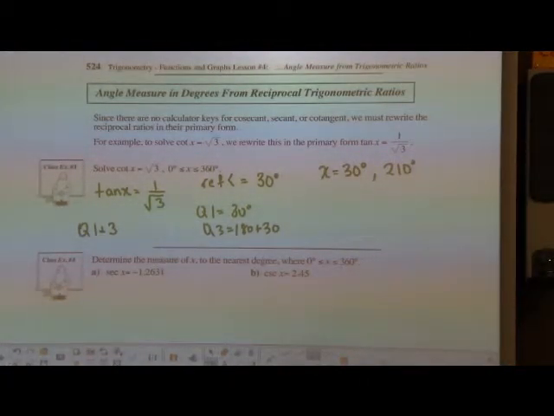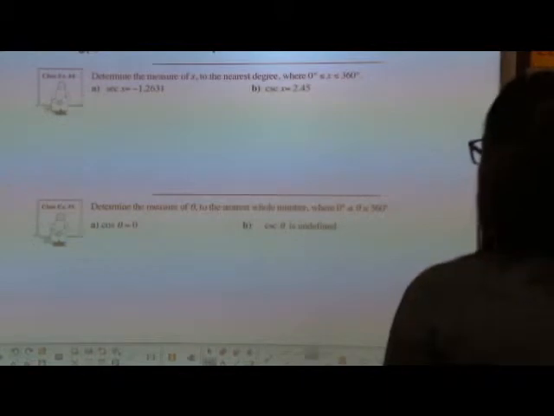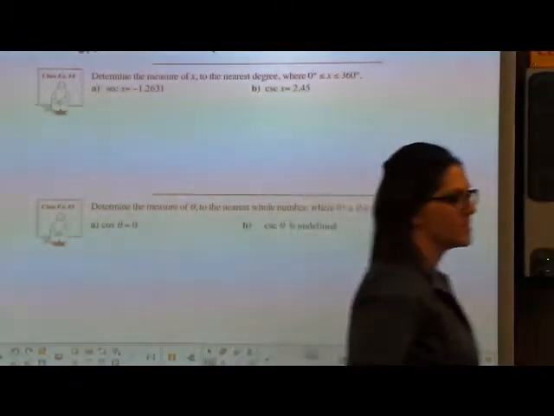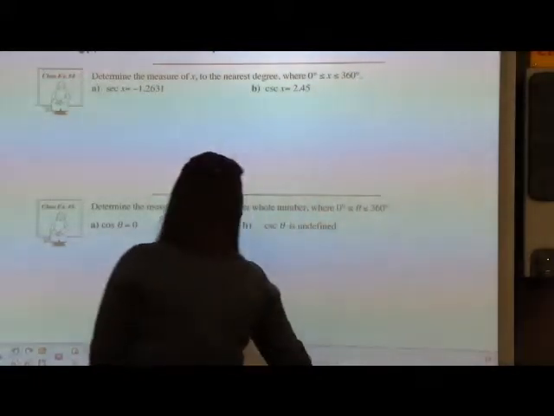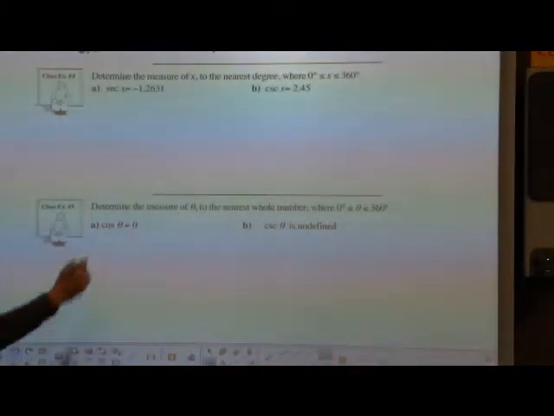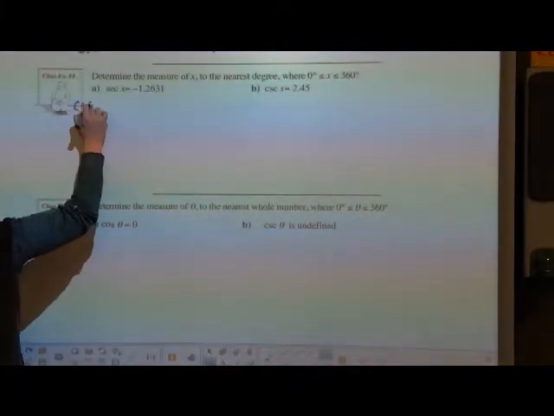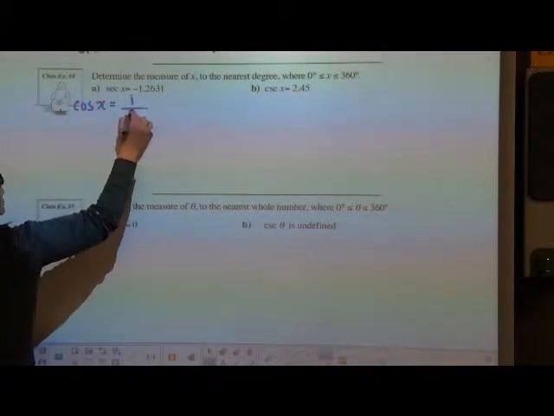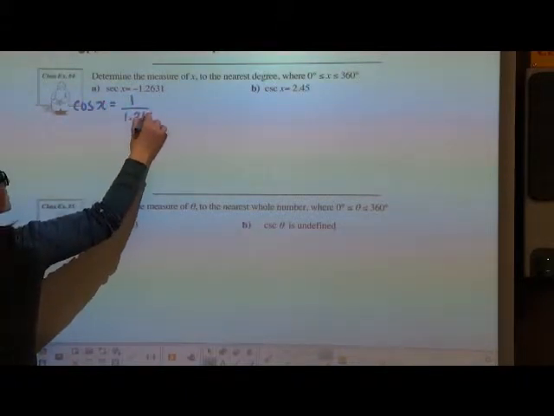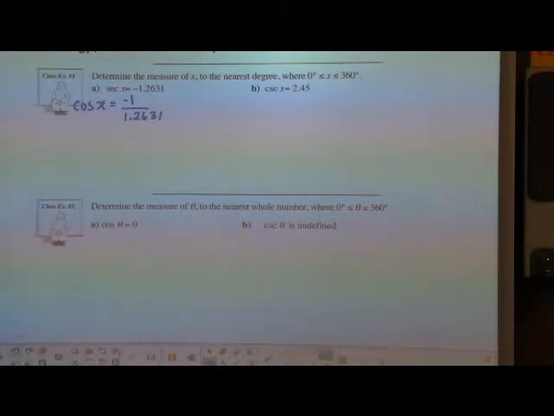Okay, so see if you can do class example 4 on your own. Did you do it? So if we look at A, what is my reciprocal trig function to secant? Cos. So I can rewrite this as cos x equals 1 over 1.2631. It'd be negative.